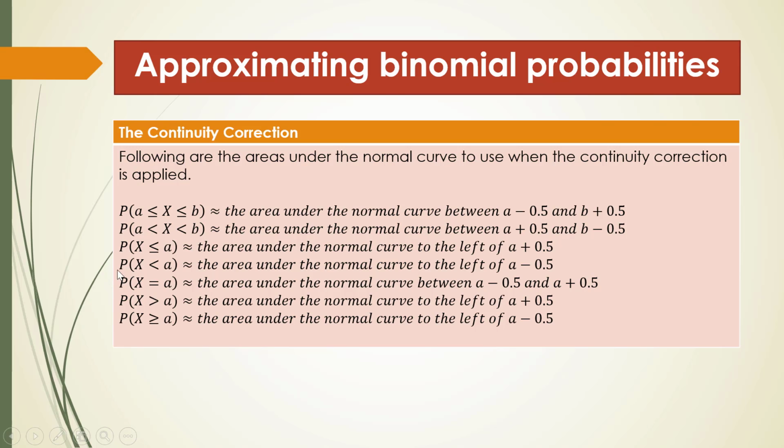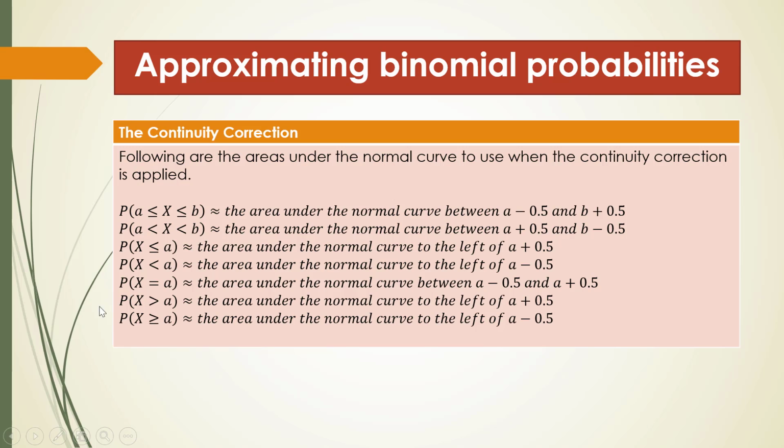If the question asks for the probability that x is strictly less than a, we can approximate it by the area under the normal curve to the left of a minus 0.5, because we don't want the endpoint a to be included.